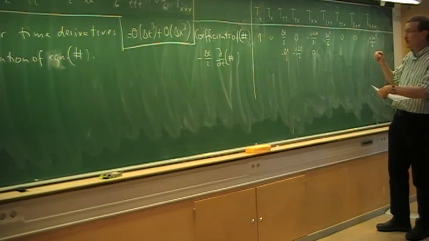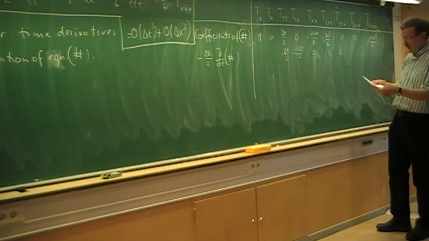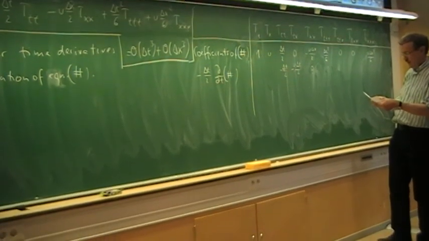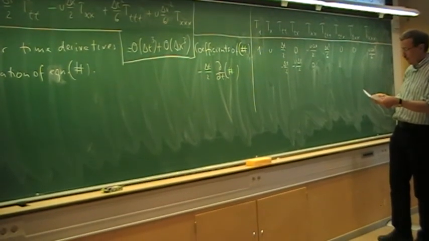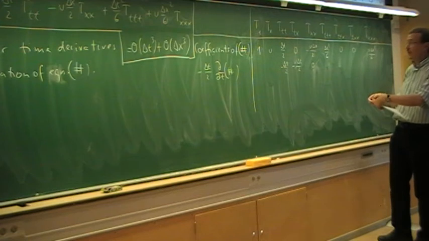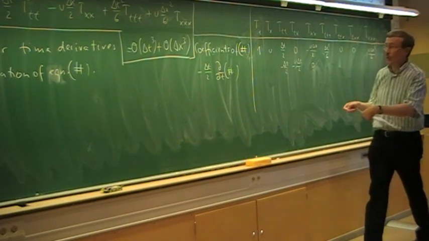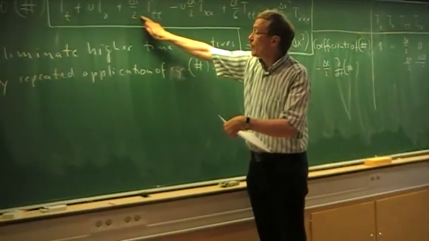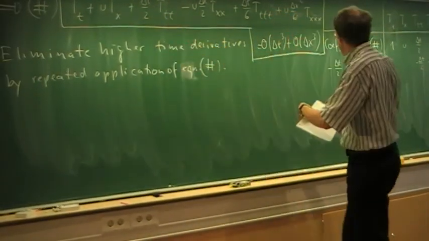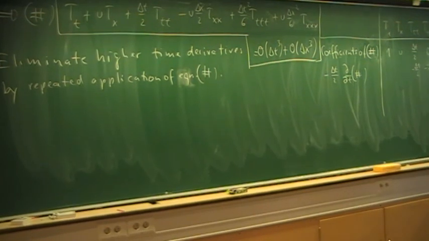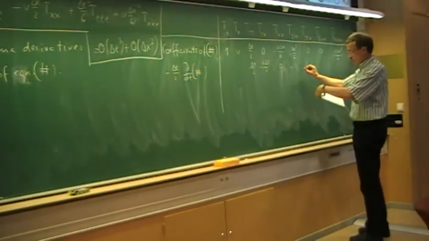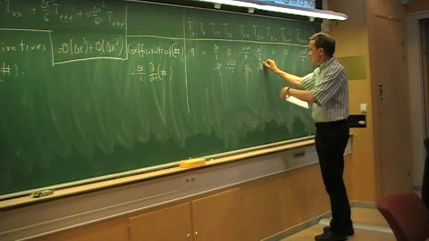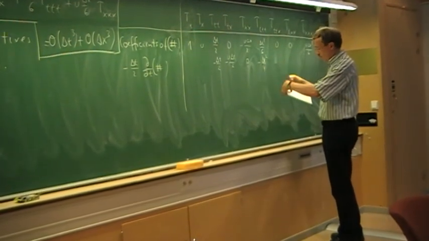No, we don't have that. But we get a third time derivative, because when we have the delta t half here, we get a delta t squared over 4 times the third time derivative. So we get a term here, minus delta t squared divided by 4.